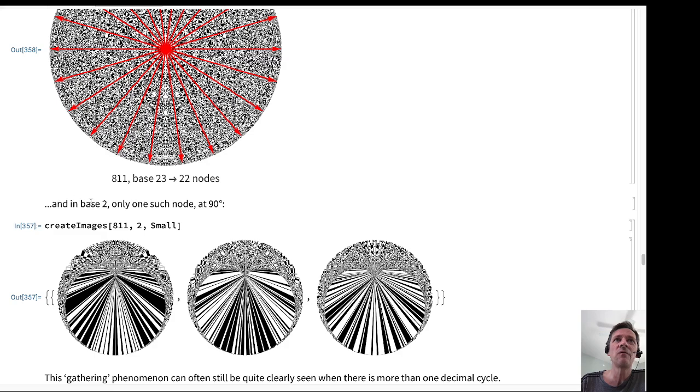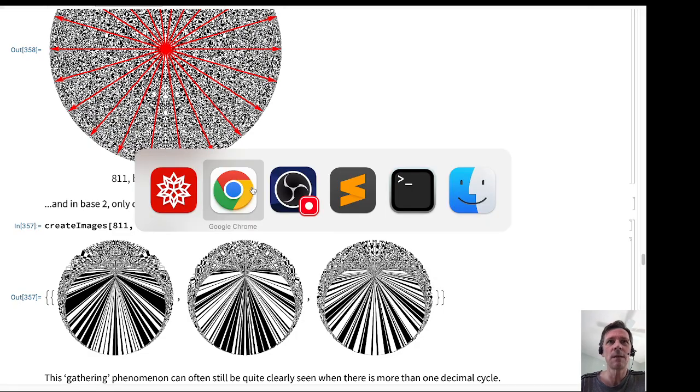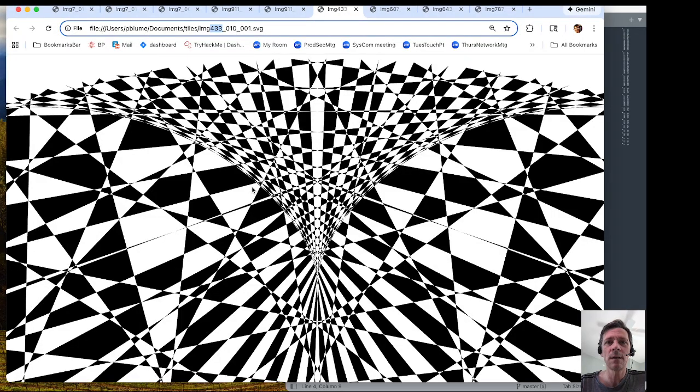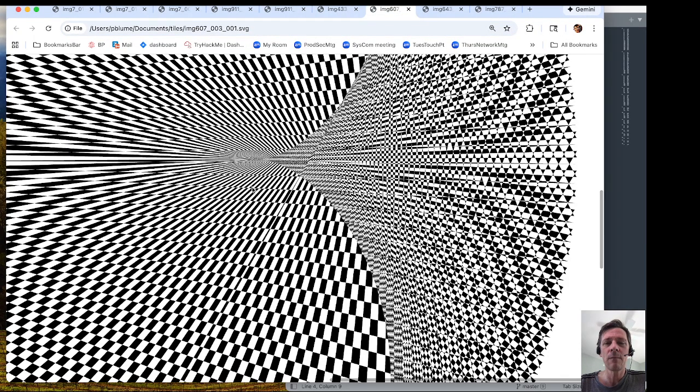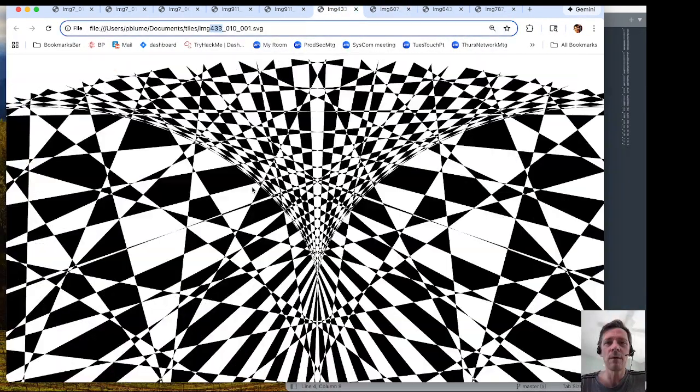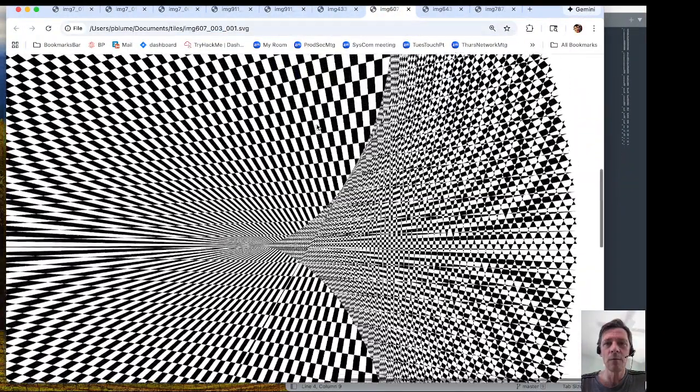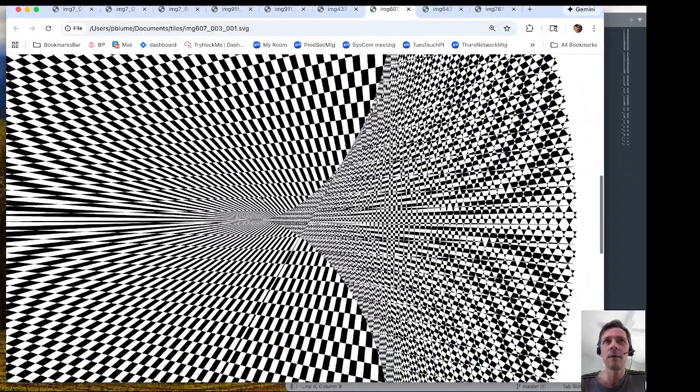And notice that in base 2, there's only one such node, right? It's the same volcano thing, or this gathering thing here. I have another image of this that I can show you in slightly more detail. This is base 3, but here it is in all its glory. A very big node.